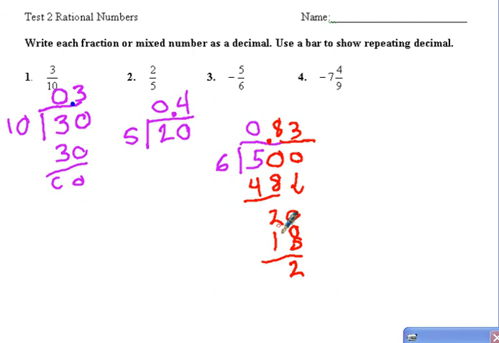If you remember, last time we did it, we had 2 left over. So then I'd add another 0 and bring that down and put a 0 here, and then 6 goes into 20 3 times, and I get 18 again, and another 2, and it keeps going and going.